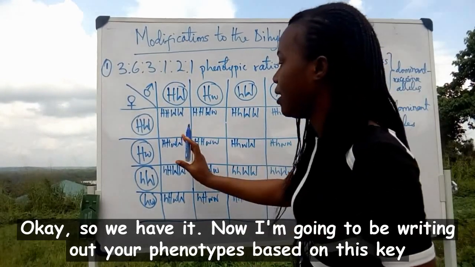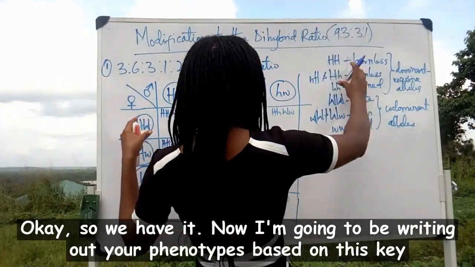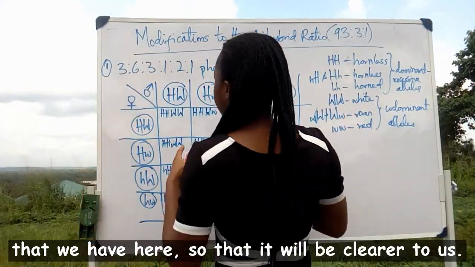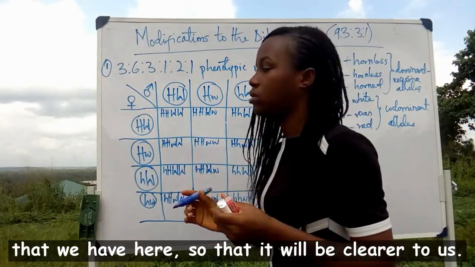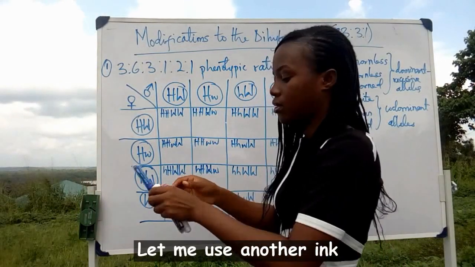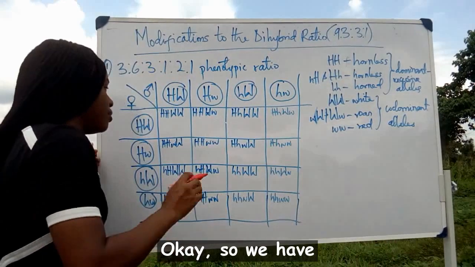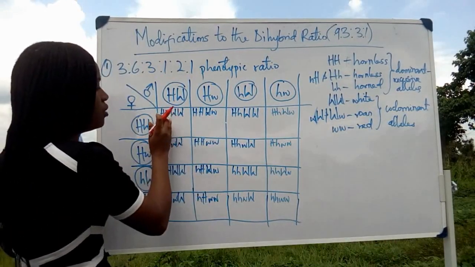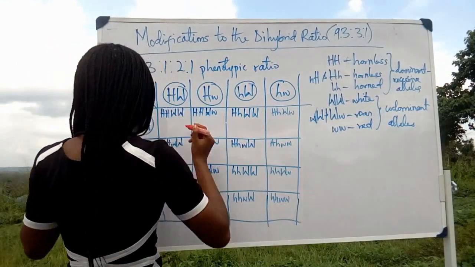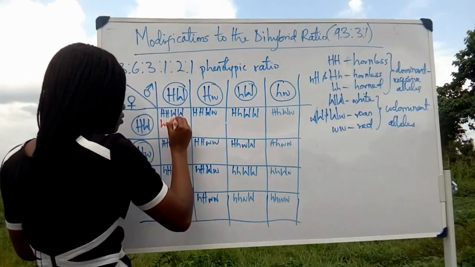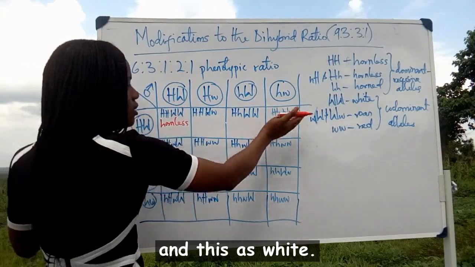Now I'm going to be writing out the phenotypes based on this key that we have here, so that it will be clearer to us. Let me use another ink. Okay, so we have this as hornless, and this as white.